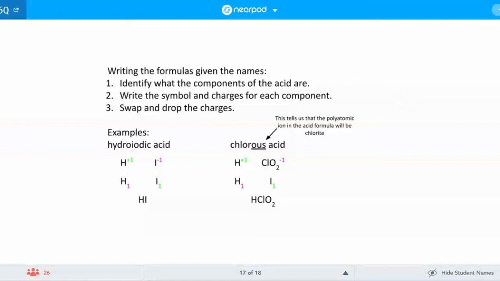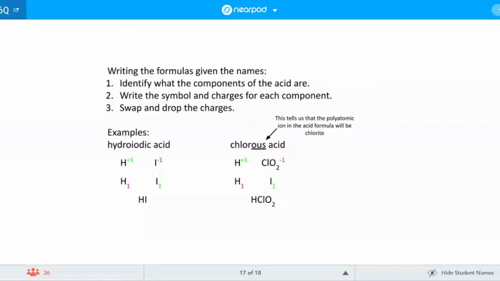So looking at hydroiodic acid, that prefix hydro tells us we're looking at just one element bonded to hydrogen. So we would have hydrogen, which has a charge of +1, bonded to that element iodine with a charge of -1. When we crisscross those charges, we get 1 and 1 as our subscripts. And so our final formula would be HI.